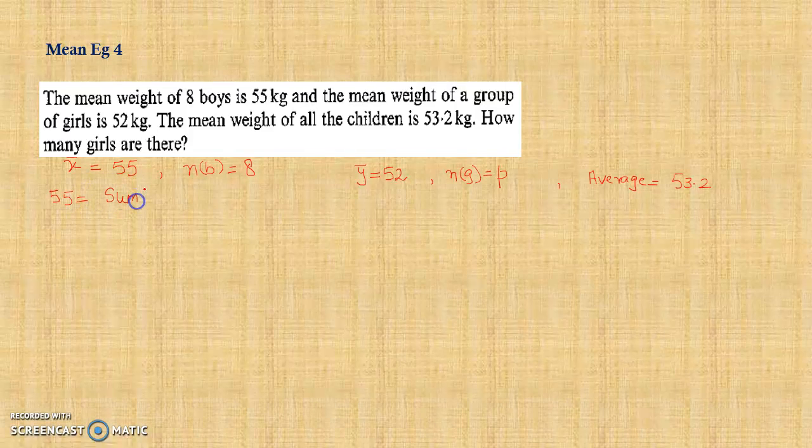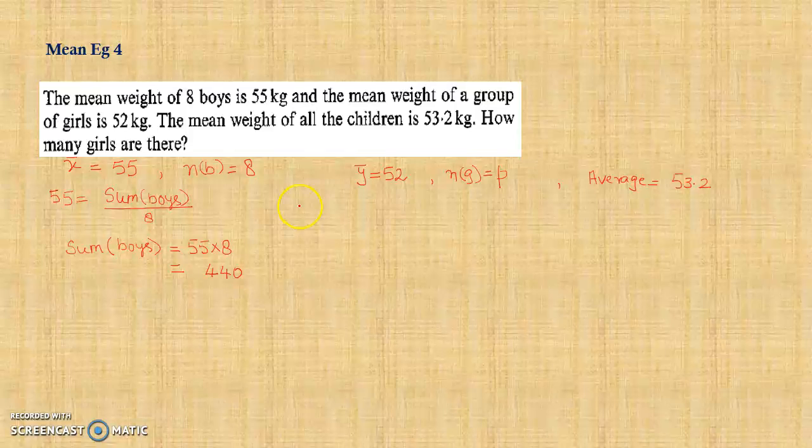Okay, so now again going back to my basic definition, I can say this 55 will be equal to the sum of the weights of all the boys divided by 8, because the number of boys is 8. Which brings me to the conclusion that the sum of the weights of all the boys will equal 55 multiplied by 8, which is equal to a value of 440.